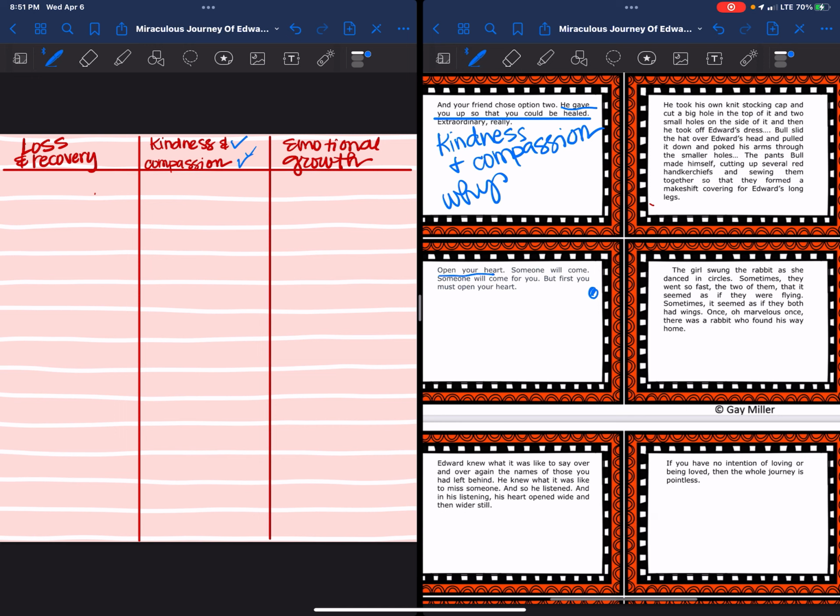And when you do that, somebody's going to come. So that means that your heart, your emotions are recovering, okay? So he says someone will come for you, but first you must open your heart. I don't know if that would be loss and recovery or emotional growth. I am going to say emotional growth.